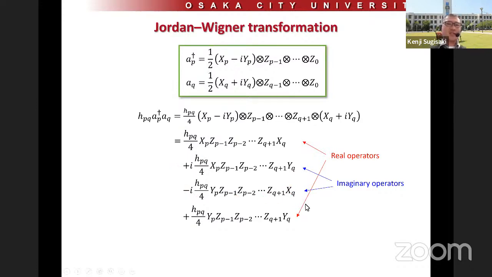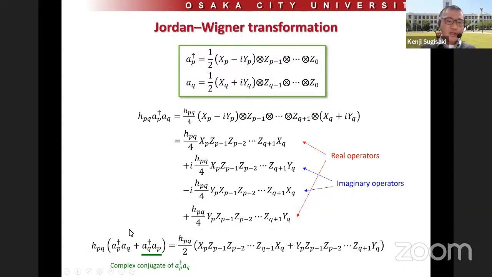However, the Hamiltonian is real. So why do these imaginary operators appear, and how do we remove them? The Hamiltonian has complex conjugate terms.